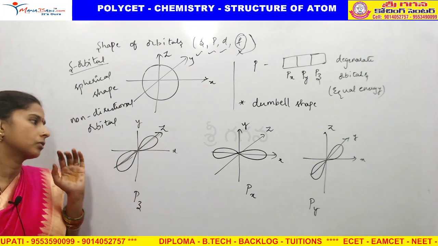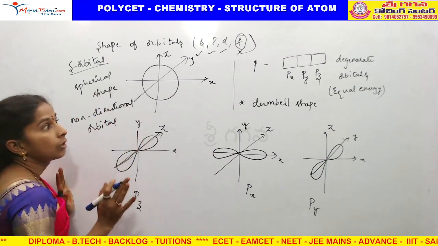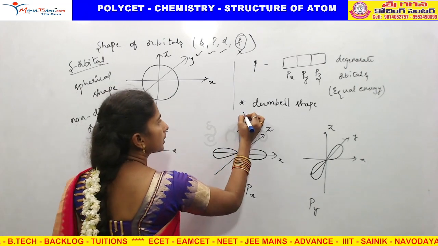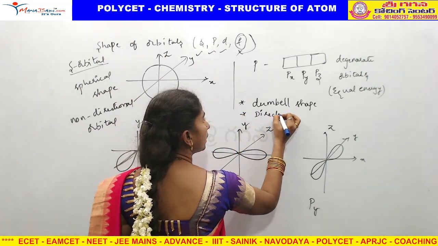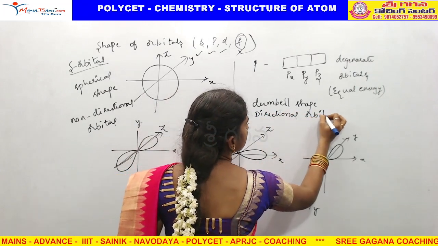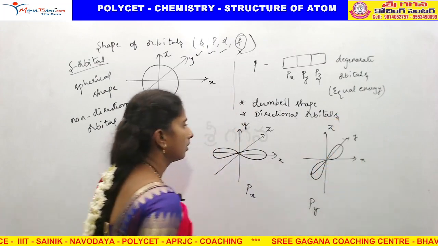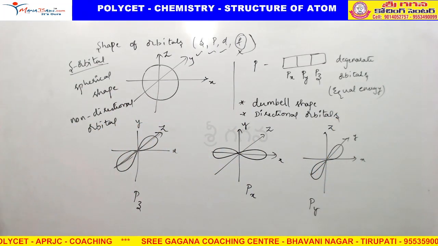This is the structure. So it lies particularly on the axis, and these are directional orbitals. They have a particular direction. I hope you understand. Copy this. After that, we will go for the d orbital.